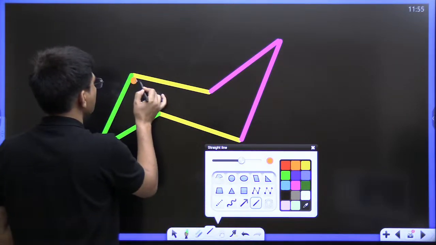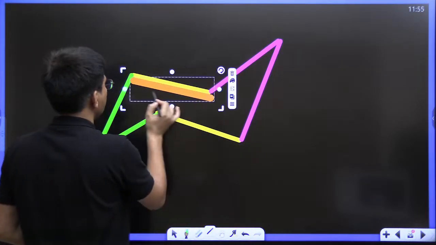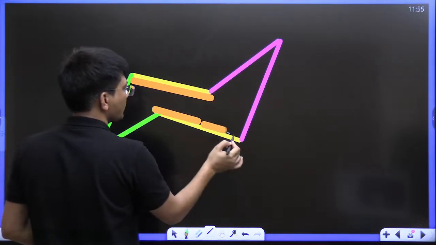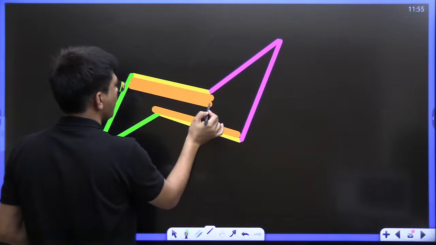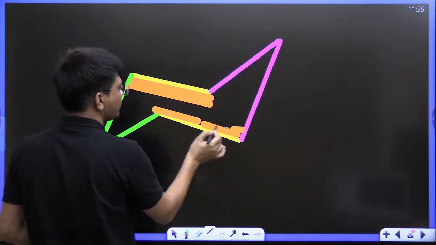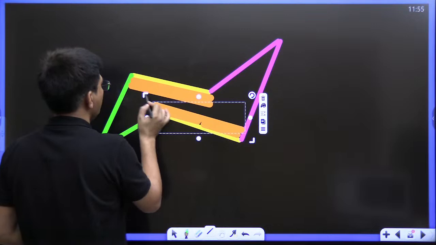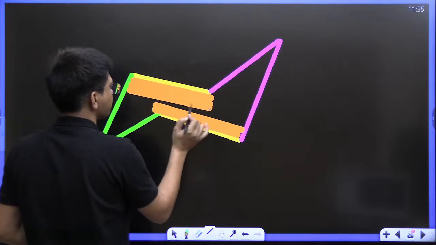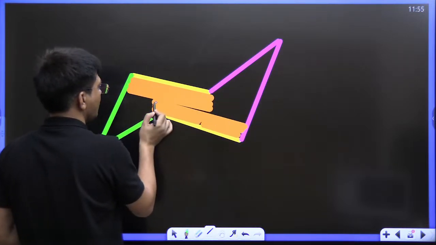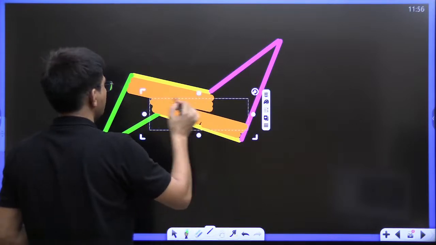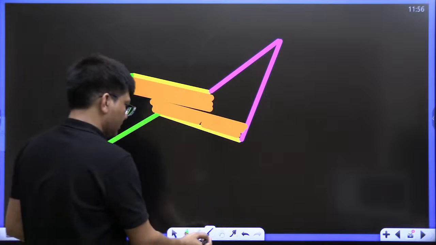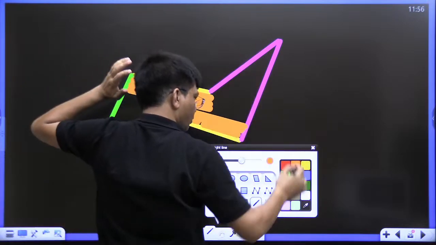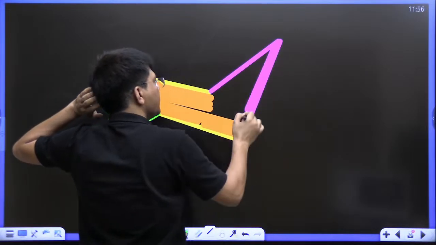Just see. I'm trying my level best to make the chair. So this is the chair where we used to sit, and this is the hood going up.